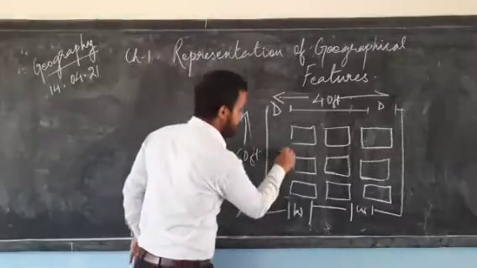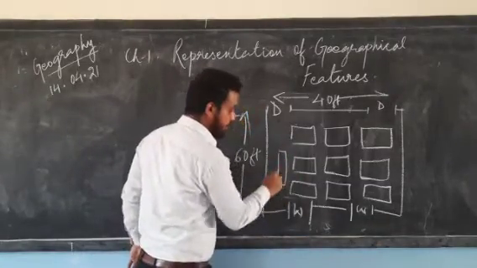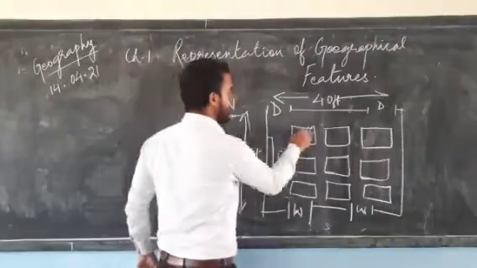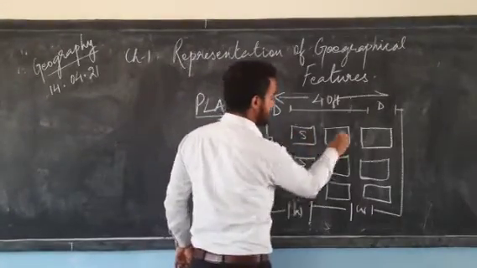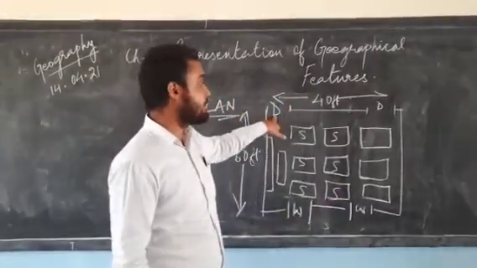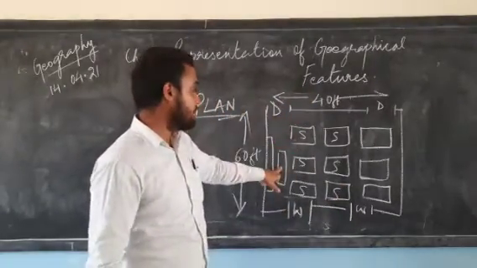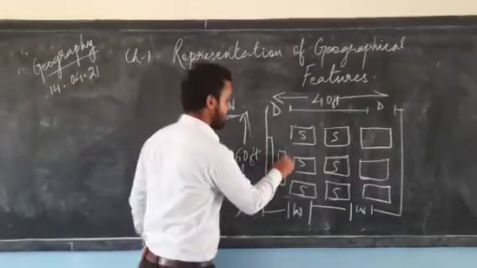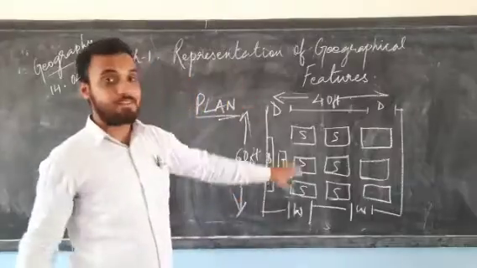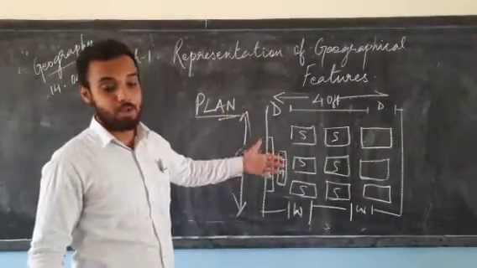Now, there will be a class teacher's table, and the blackboard. This will be the student's table or student's bench. W stands for windows, D stands for doors. Here we have the teacher's table, the blackboard. Now you can see that everything is being planned out.